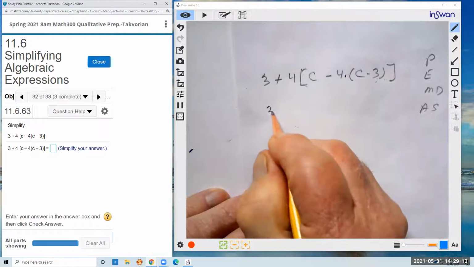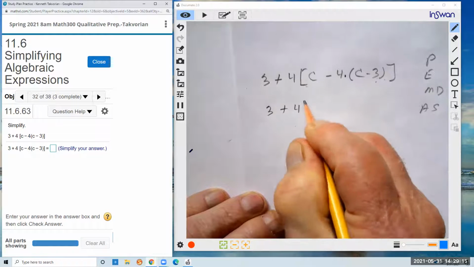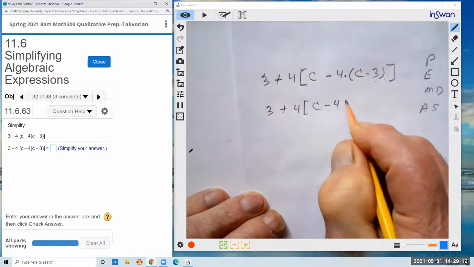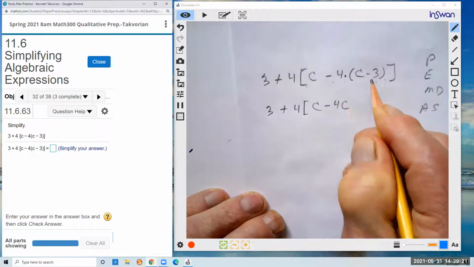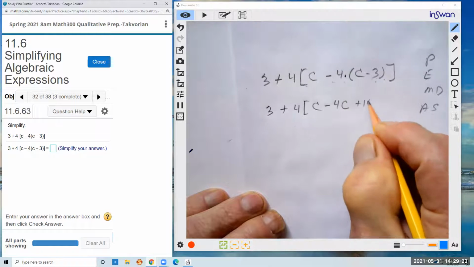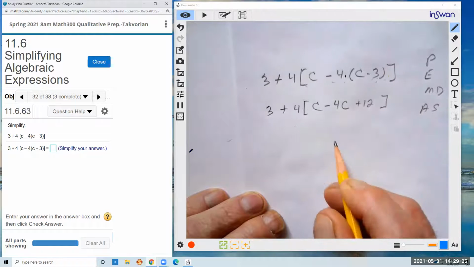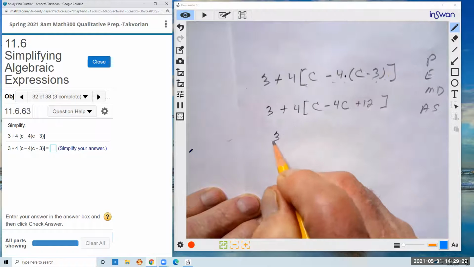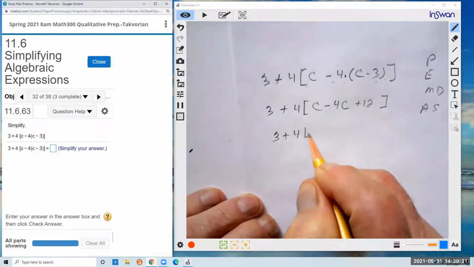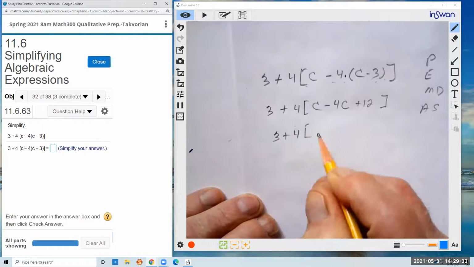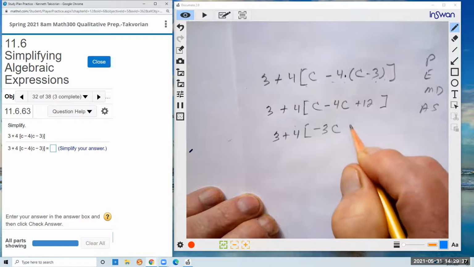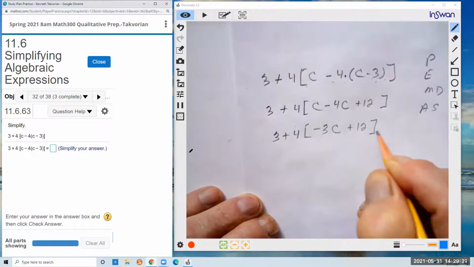So it's 3 plus 4 bracket c minus 4 times c is minus 4c, minus 4 times minus 3 is a plus 12. I always like to simplify before moving further. So within the bracket, it's 3 plus 4 bracket c take away 4c is minus 3c plus 12.